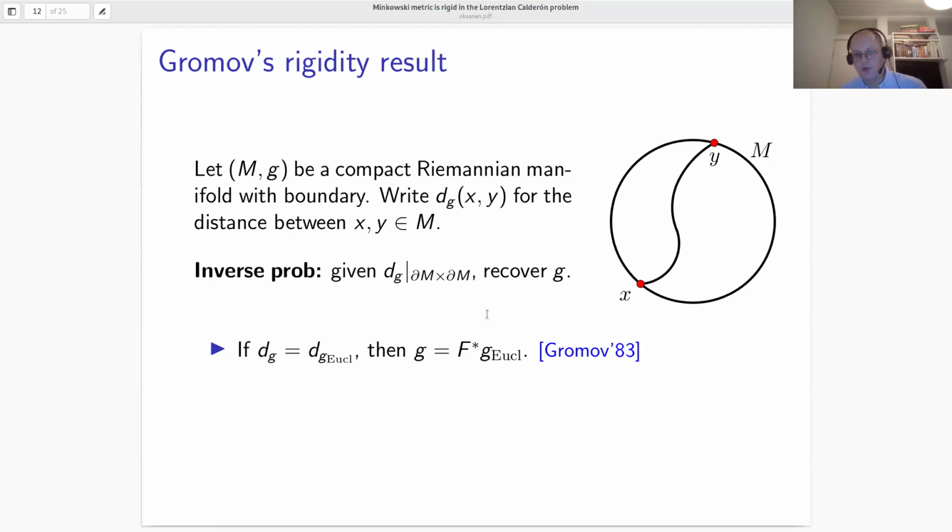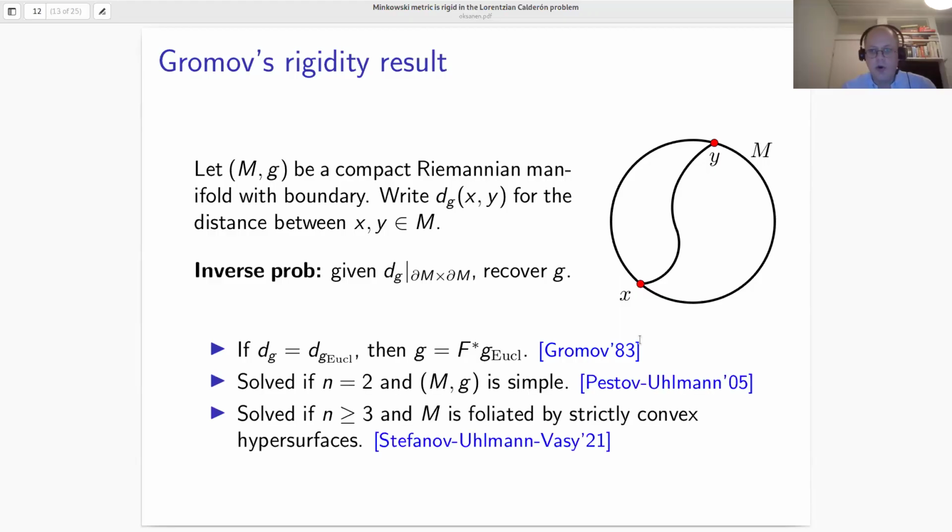So this was proven in the 80s, and now we know more about this problem due to Pestov and Uhlmann in 2D and Stefanov, Uhlmann, and Vasy in 3 and higher D. So under certain quite natural geometric conditions, this problem can be solved.